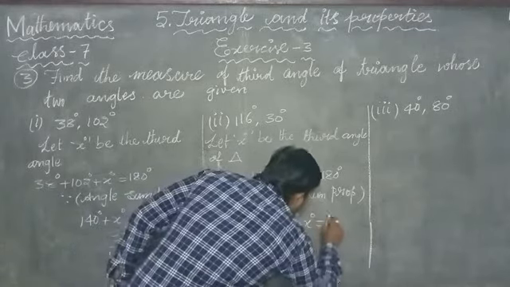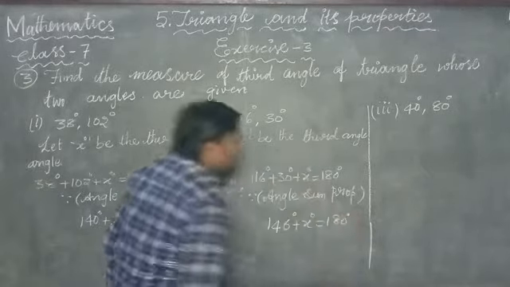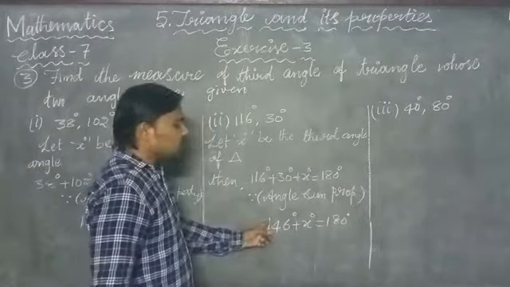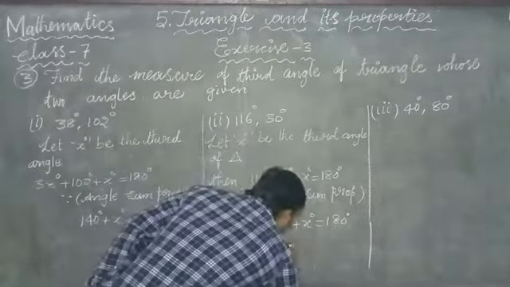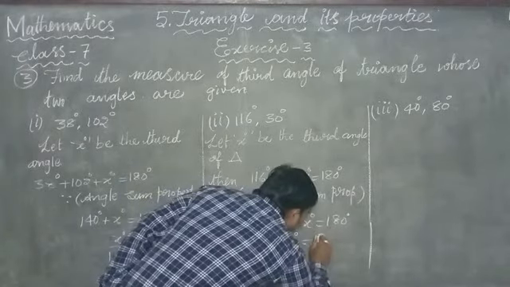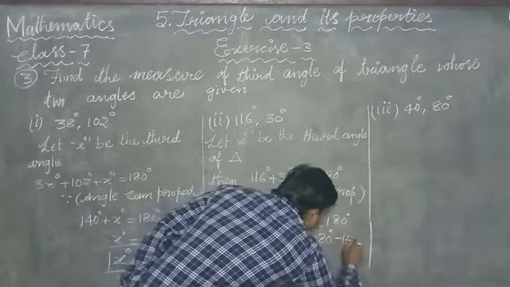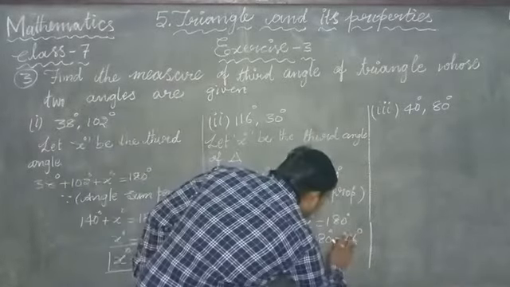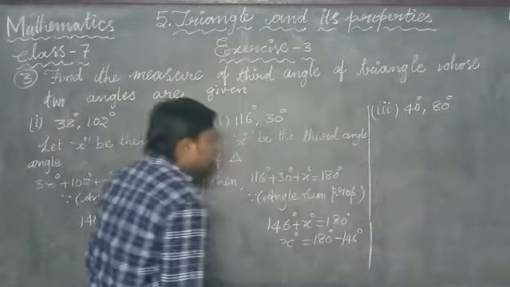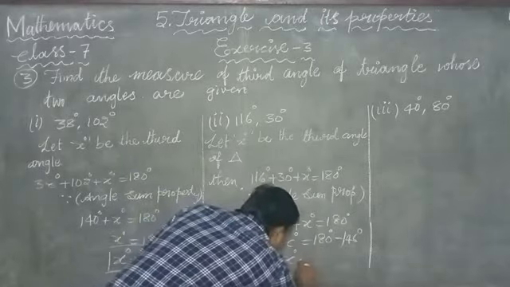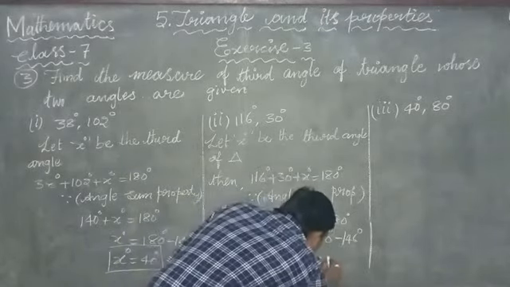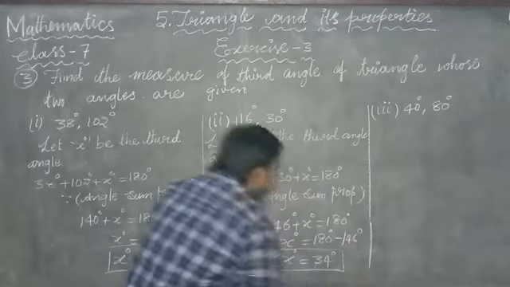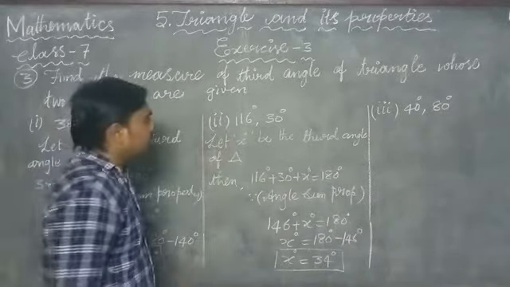If we transpose 146 to the right hand side, then x degrees equals 180 degrees minus 146 degrees. Then x degrees equals 34 degrees. This is the third angle of the given triangle.